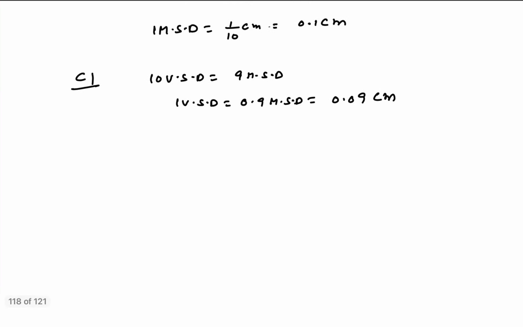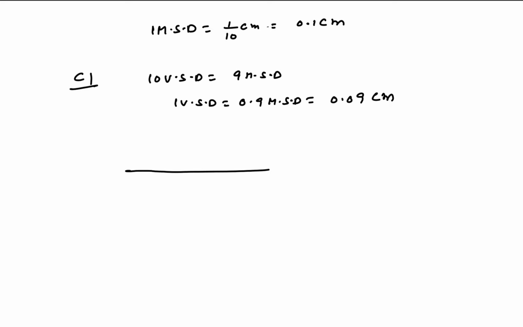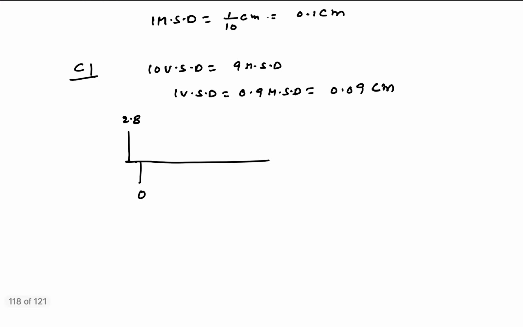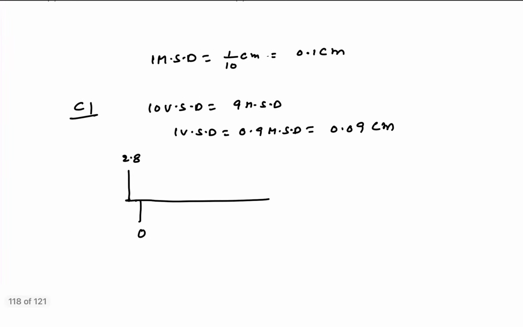I am writing only that 2.8 and this. See here, this is 2.8. The 0 mark is here. And from 2.8, how many divisions are there? 1, 2, 3, 4, 5, 6, 7 divisions are there. Now we write that up to 7 divisions.